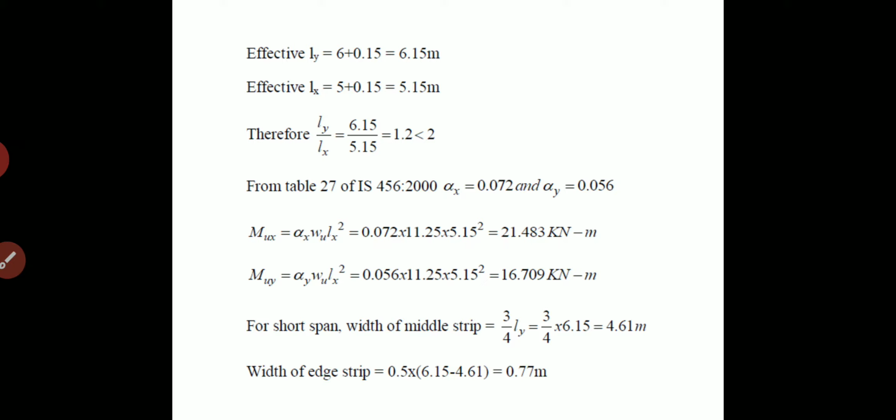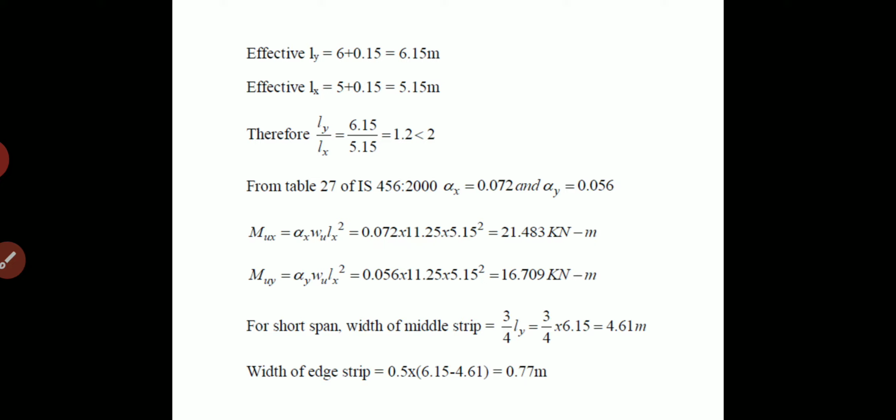So here 6.15 divided by 5.15, our value is 1.2, which is less than 2. So when Ly upon Lx ratio is equal to or less than 2, the type of slab is two-way slab. So here our slab is two-way slab.